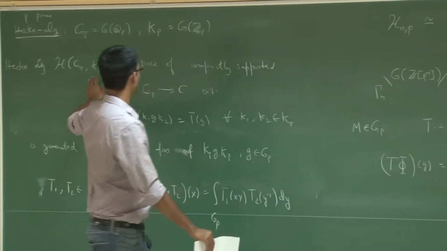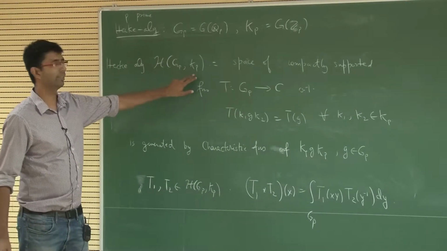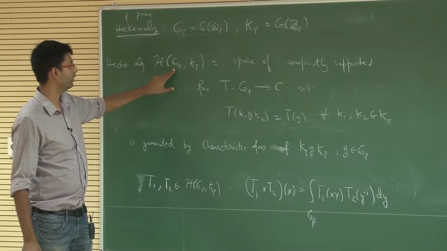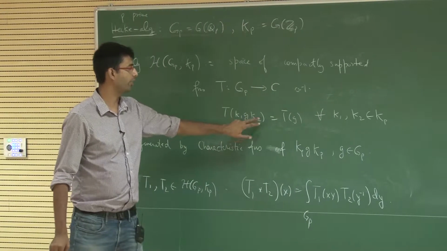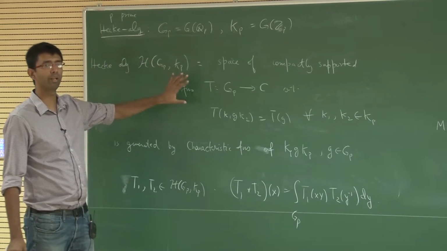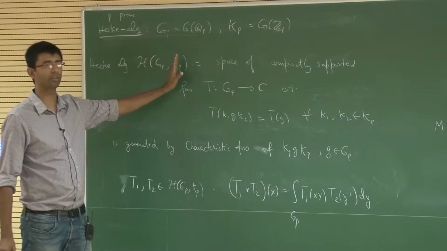And just like we defined the Hecke algebra here with G_p and K_p, these were compactly supported functions on G_p which were left and right K_p invariant. So there is a group and a compact, and we defined the Hecke algebra of the group with respect to this compact.